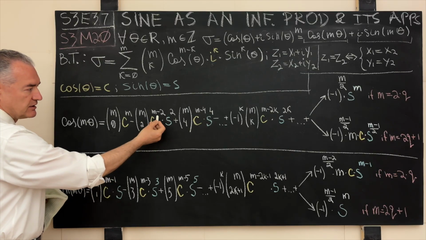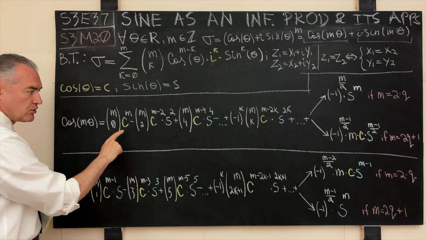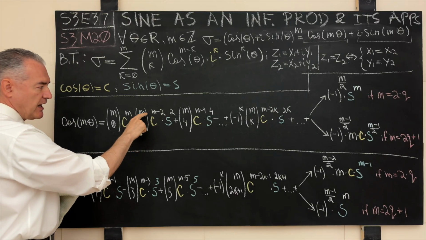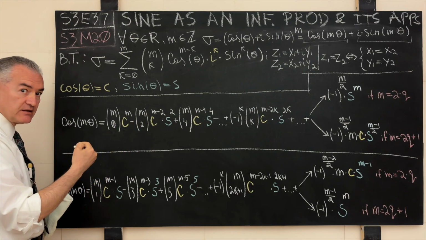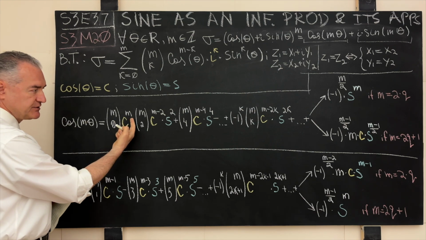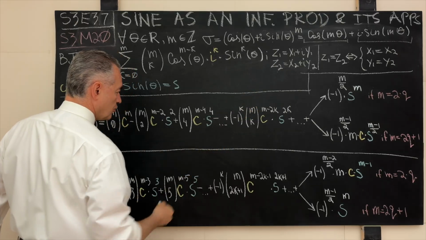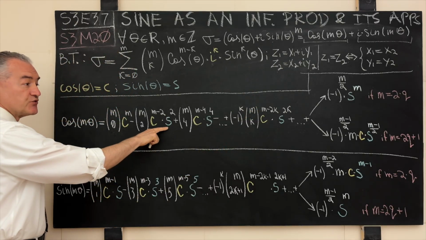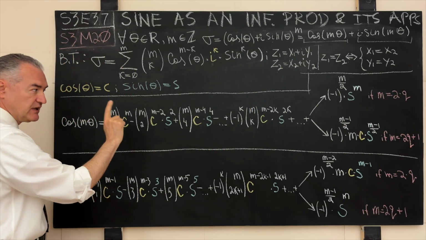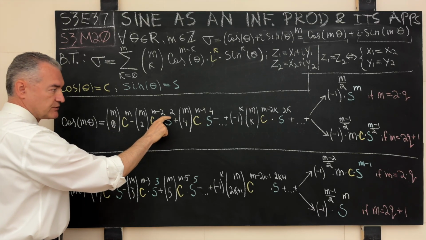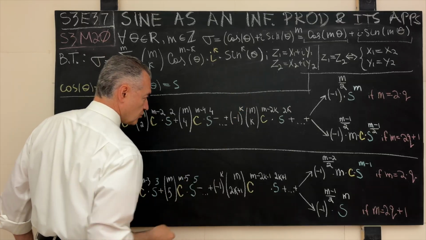The corresponding power of cosine will be m minus that even number: m minus 0, m minus 2, m minus 4, m minus 6, and so on. The corresponding powers of sine will also be even: here it's 0, 2, 4, 6, 8, and so on.